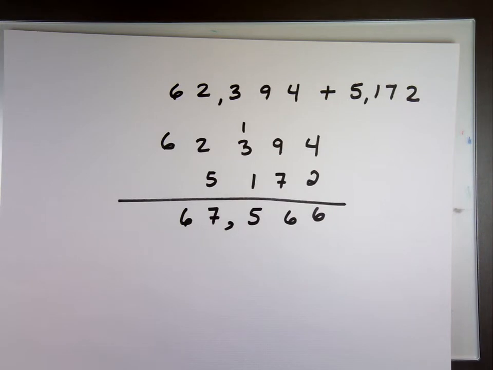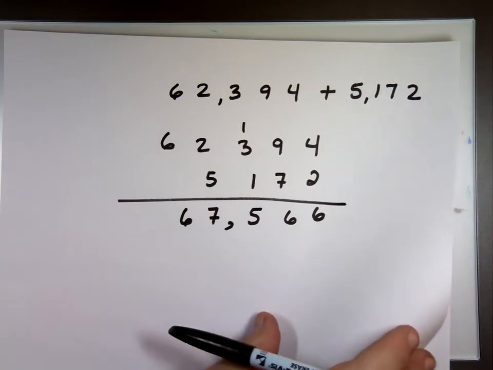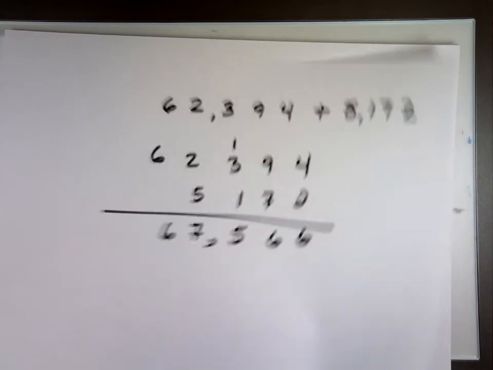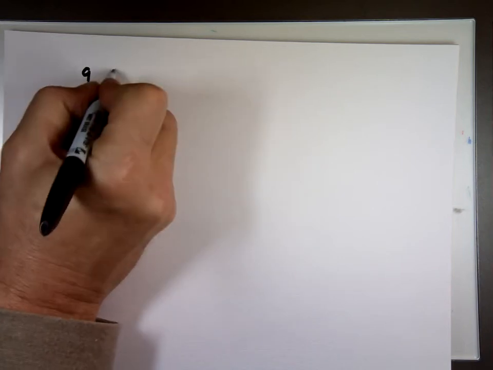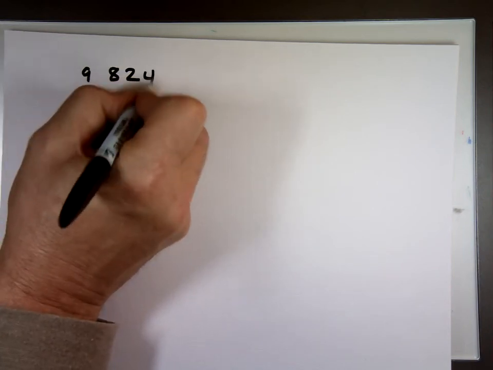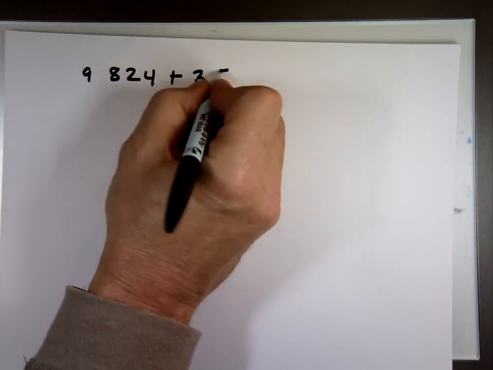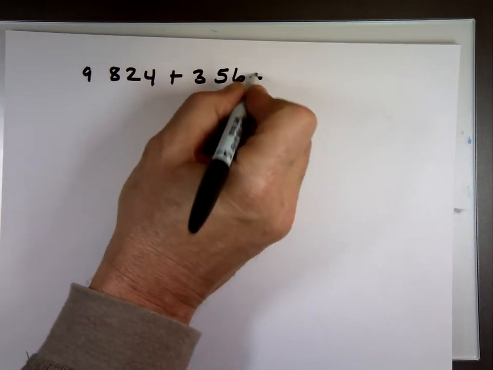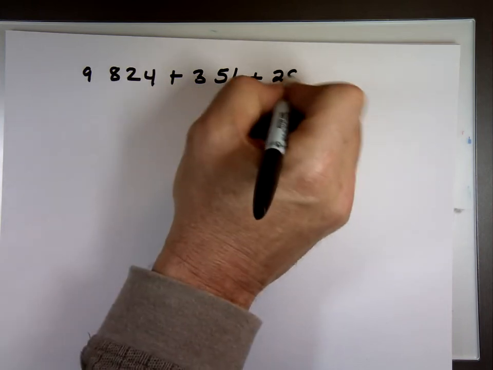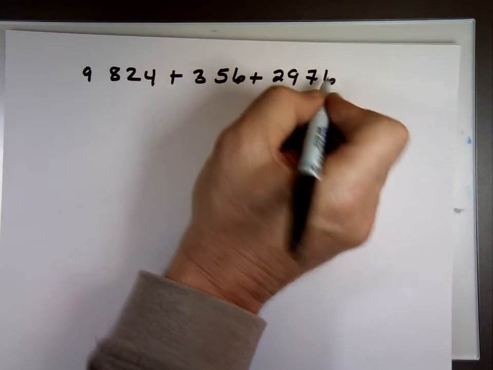Let's say I want to add 3 numbers. But it doesn't matter if I'm adding 2 or 3 or 50. The key: line them up from the right side. I want to add 9, 8, 2, 4 plus 3, 5, 6 plus 2, 9, 7, 6.